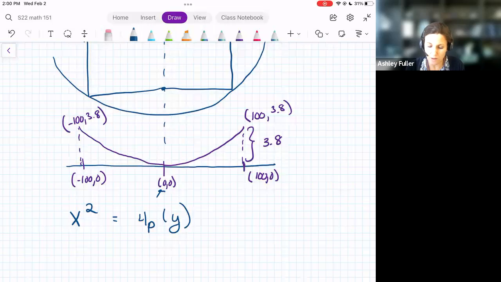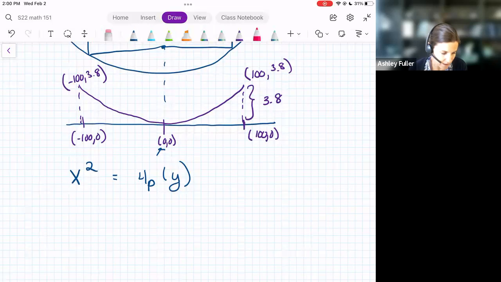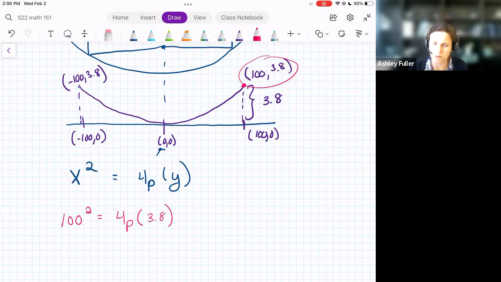Because we already know several of the points that are on the parabola, we can plug those in. So for example, if we take this point right here, we know that x is 100, so 100 squared is equal to 4 times p times the y value, which is 3.8.